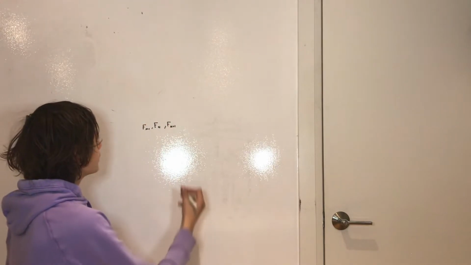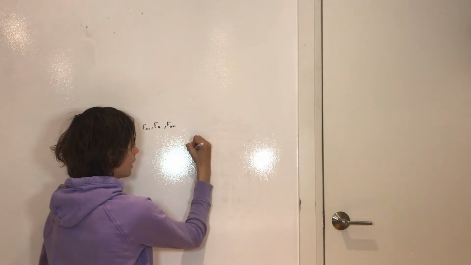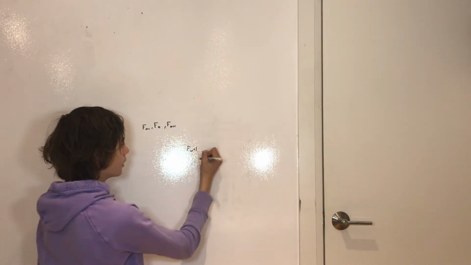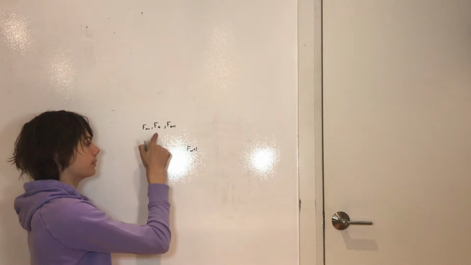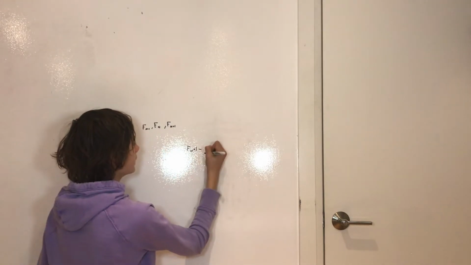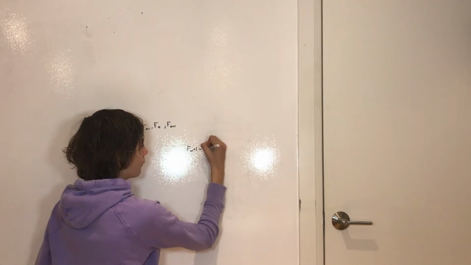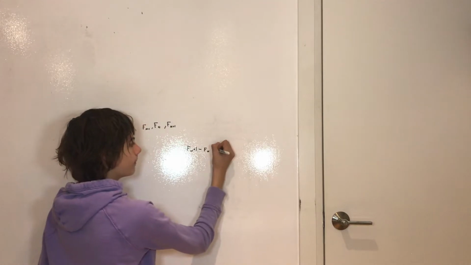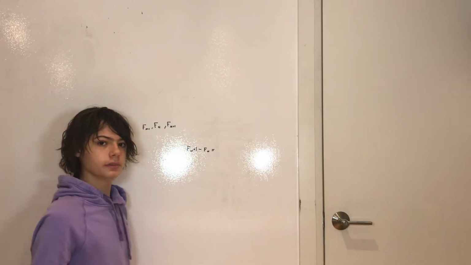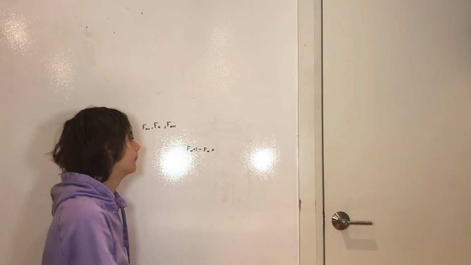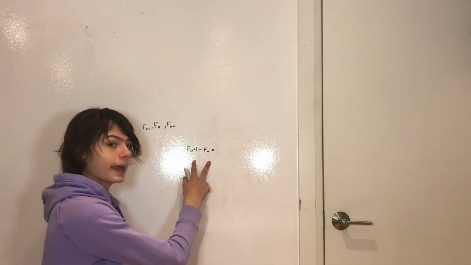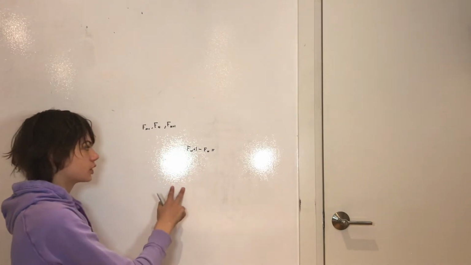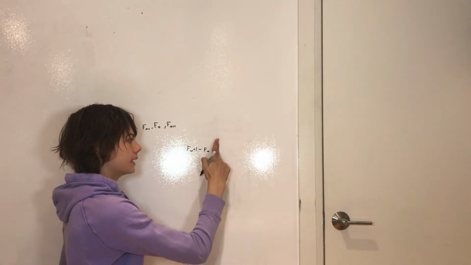So let's say we did fn plus 1, meaning the next number in this Fibonacci sequence, minus fn. What do you think the answer is going to be? And you don't have to solve for n here. It's just asking the question, what is this going to be equal to?